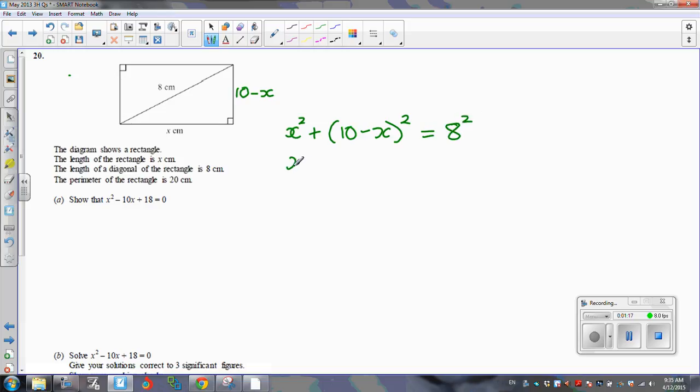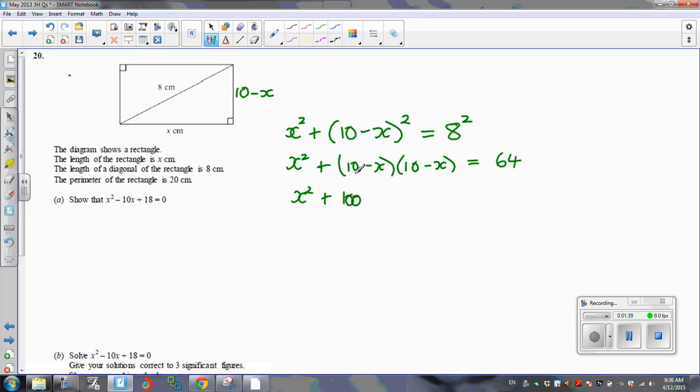Okay, removing the bracket then, x squared plus, now to square a bracket, I must write (10 minus x) times another (10 minus x). Remember, squaring a bracket means multiplying that bracket by itself. And then 8 squared is 64. Right, if I continue to remove the bracket, let's use FOIL. So I'm going to do 10 times 10, which is 100.